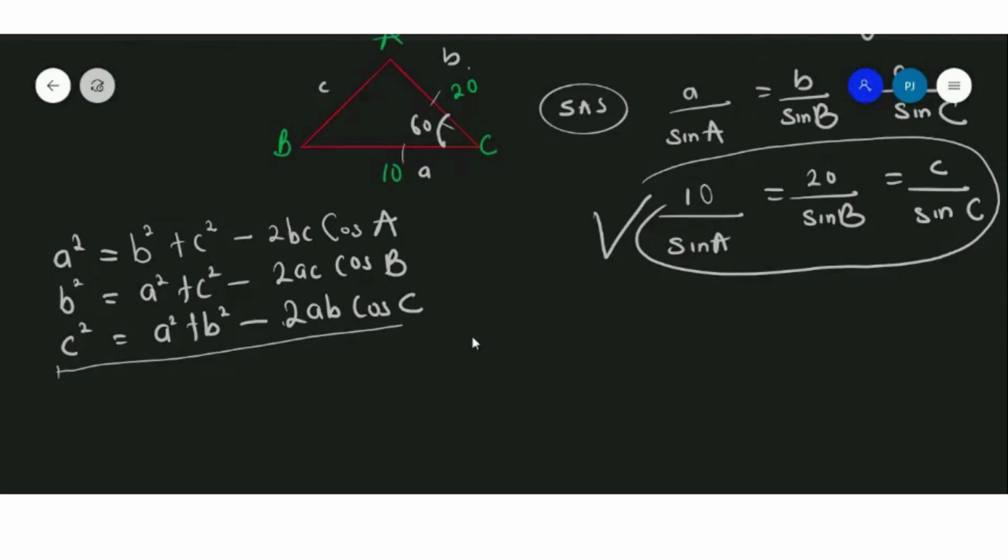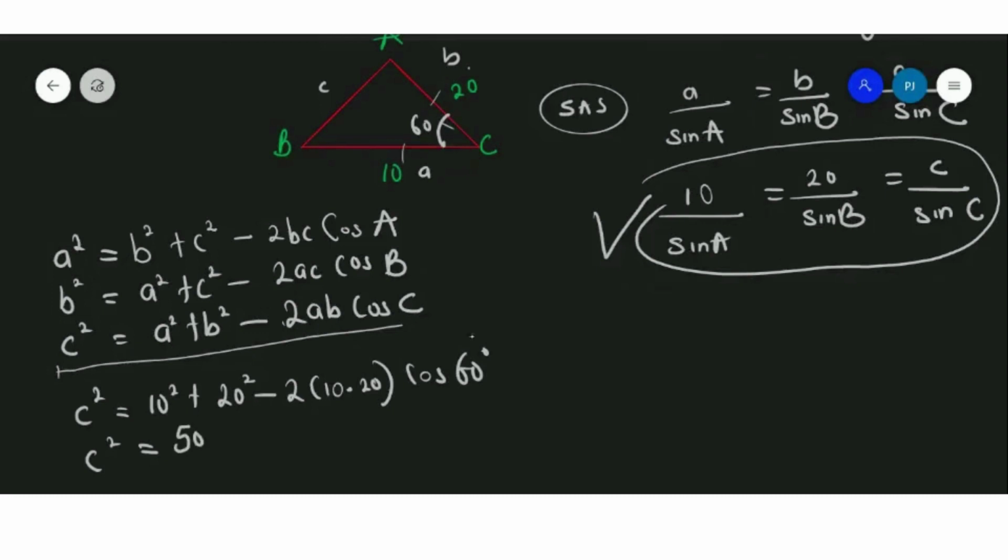Using this formula here, I can have my c squared is equal to, what is my A? My A is 10 squared plus my b squared, 20 squared, minus 2 times 10 times 20 cos 60 degrees, as you can see here. So what is my c squared? My 10 squared plus 20 squared is equal to 500.